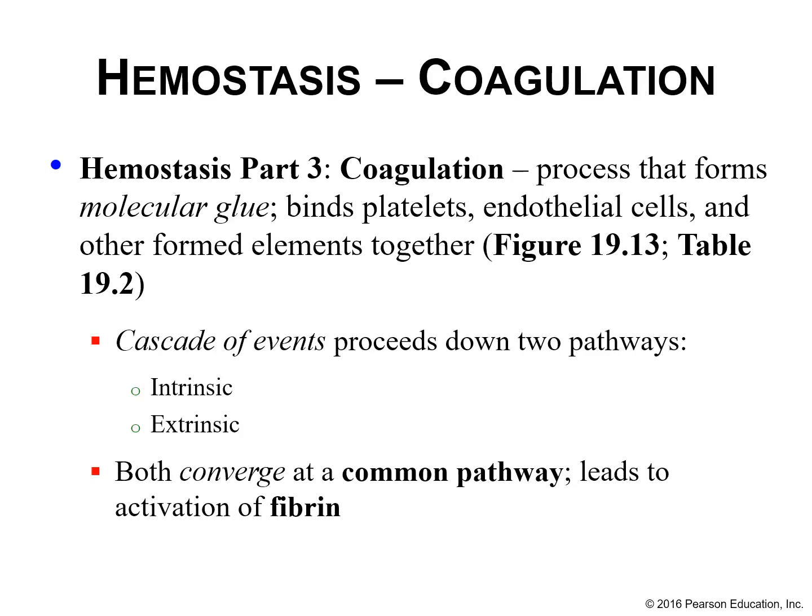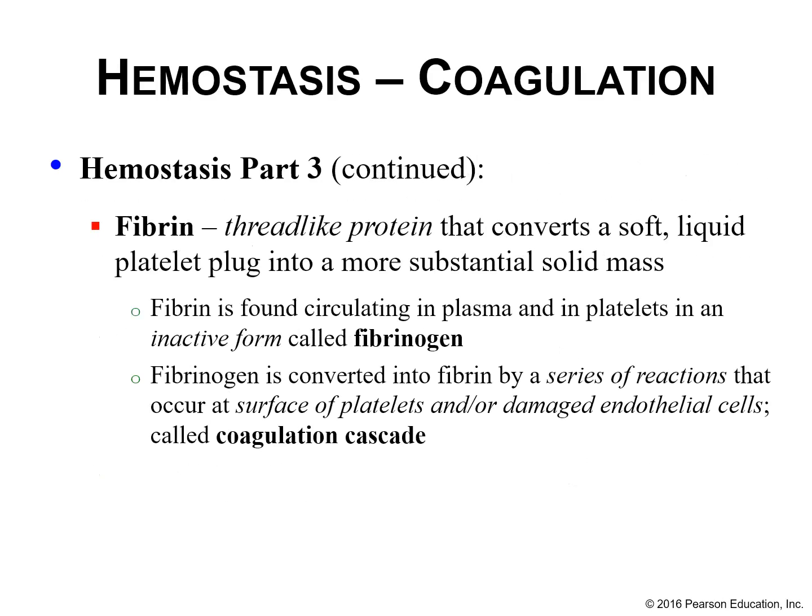Fibrin is going to be a thread-like material that will act to make the platelet plug more substantial. Fibrin is a thread-like protein that converts a soft liquid platelet plug into a more substantial solid mass.